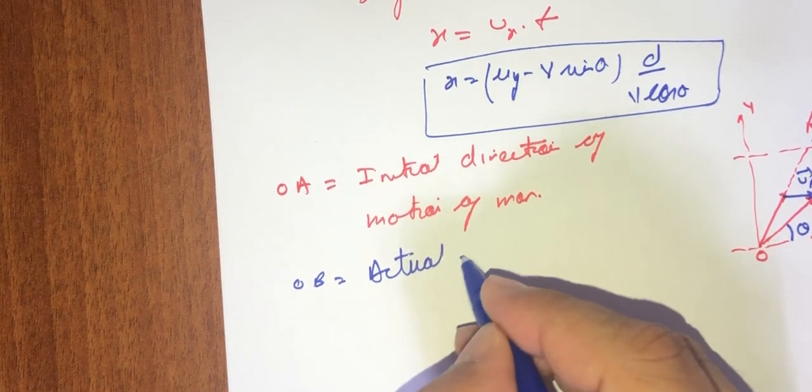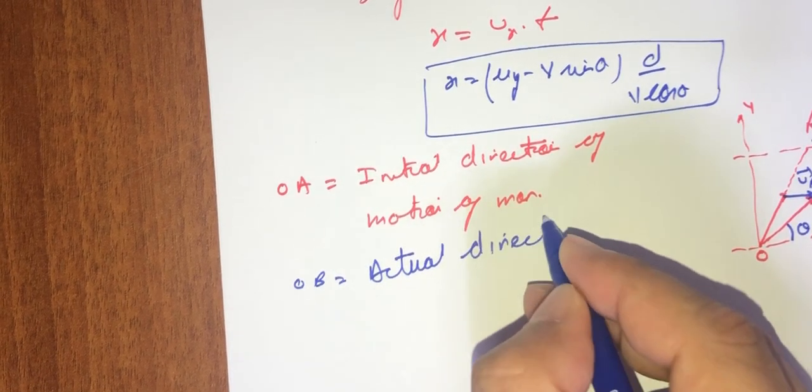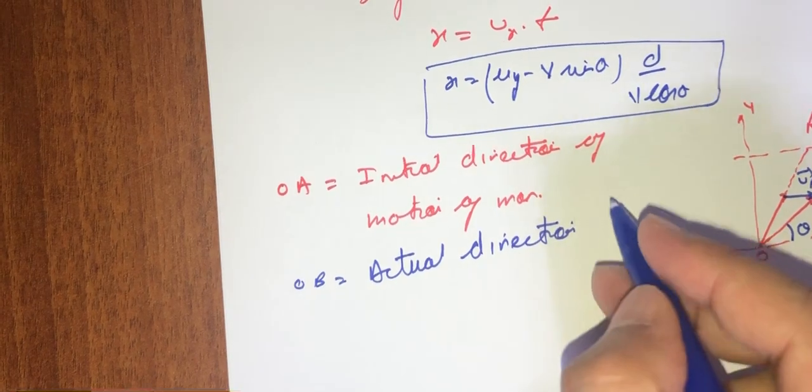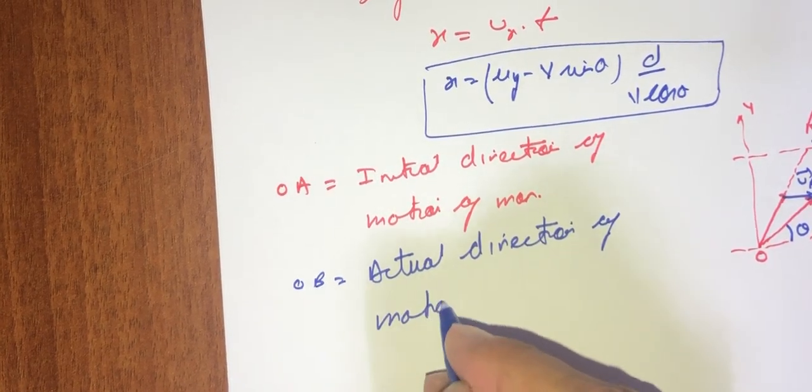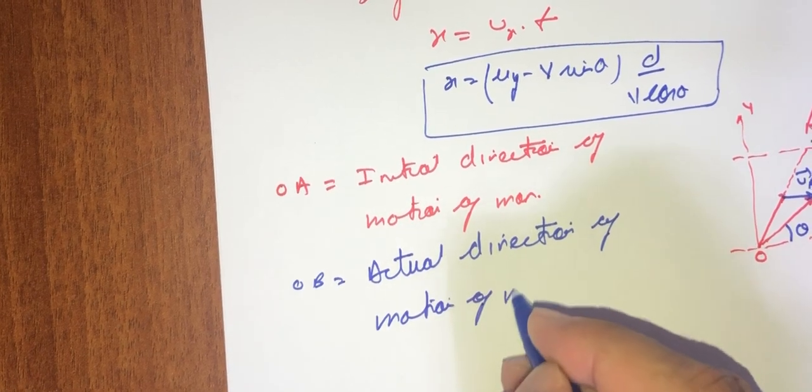OB is the actual direction of motion of man.